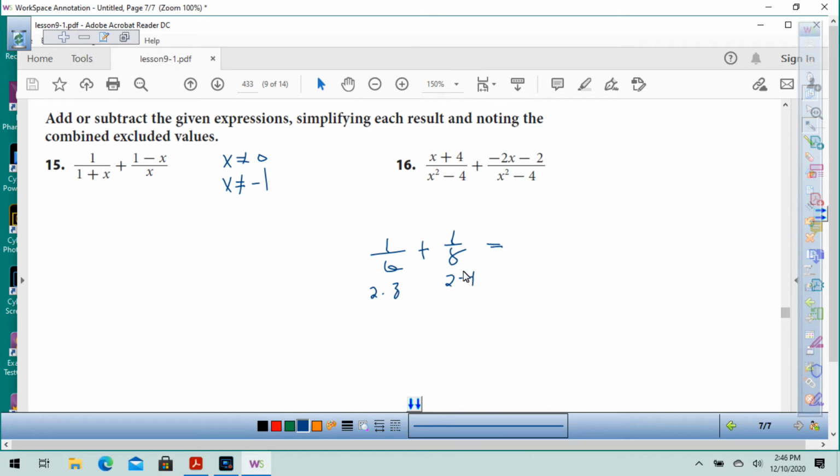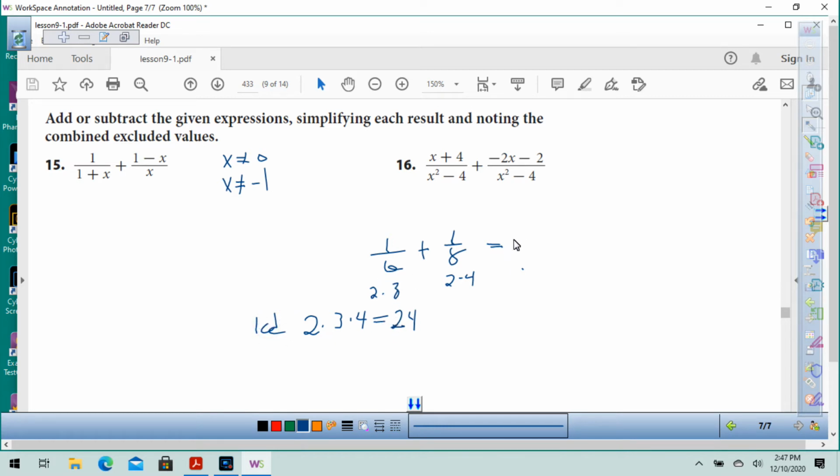This has got a 3, that one's got a 4. So I'm thinking the common denominator would be, well, let's see, 2 times 3 times 4. That's going to give me, well, that's 6 times 4 is 24. All right, so the least common denominator is going to be 24.